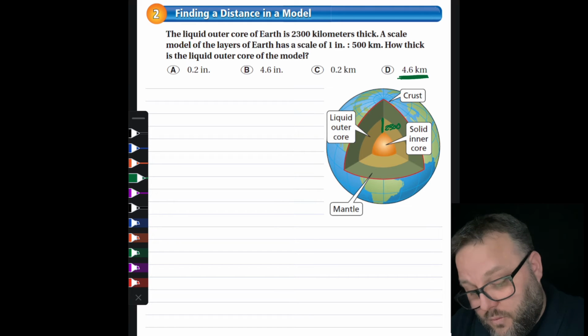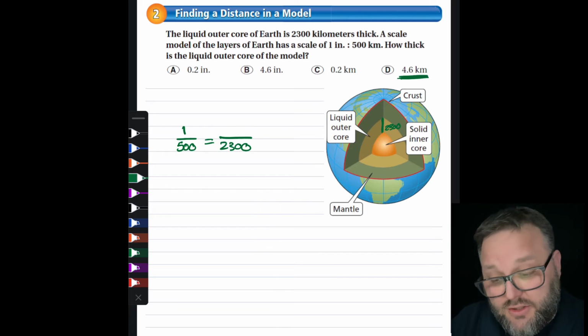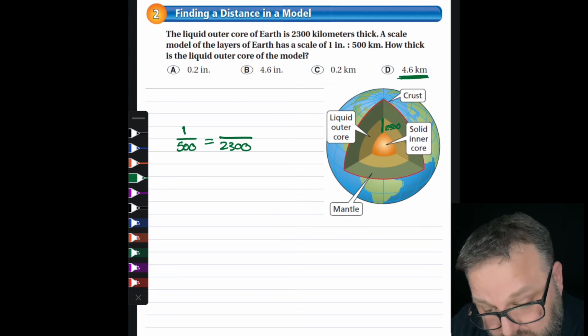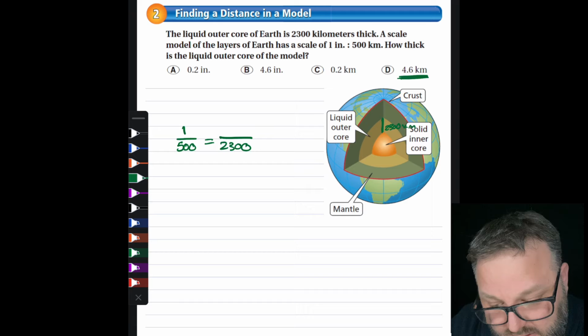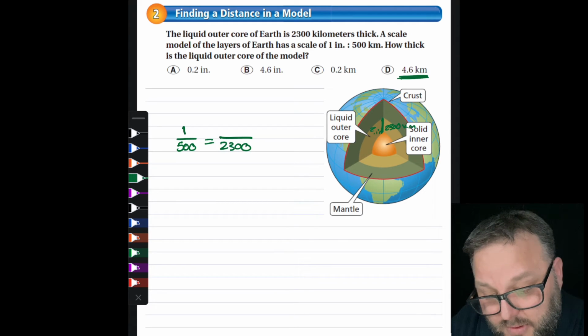And every 1 inch is 500 kilometers. So it's asking to use out of 2,300, how many inches would this be? So if this is kilometers in real life, it's asking number of inches for that same amount.